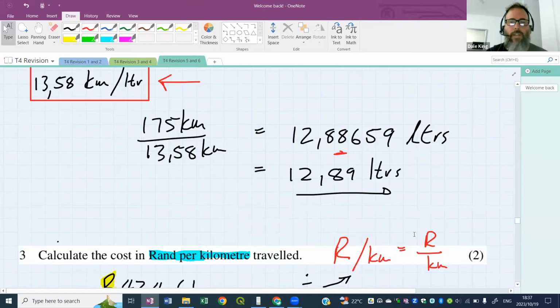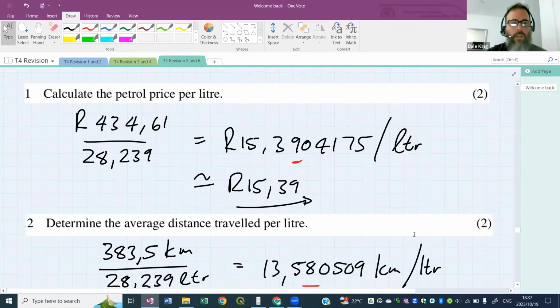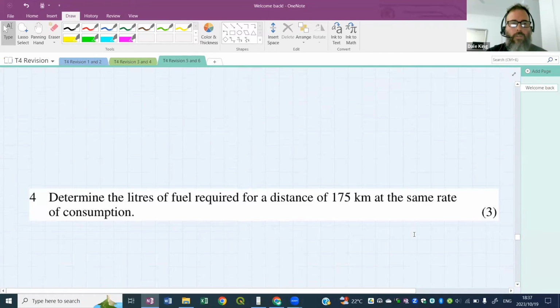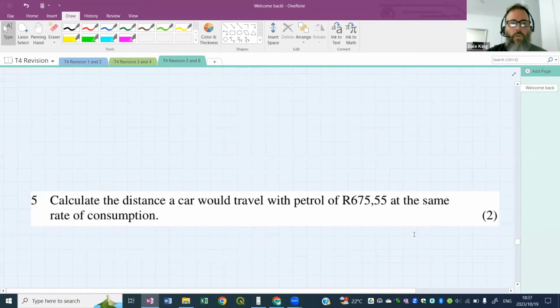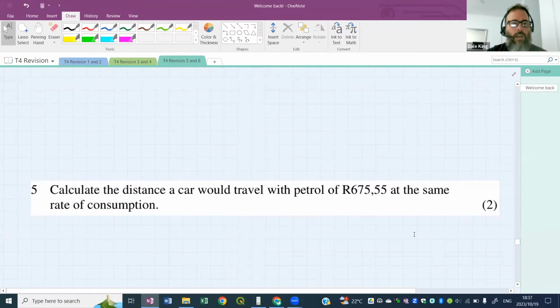Okay, what else have I got for you? We've answered 3, we've answered 4. Here's another one. Question 5. Calculate the distance a car would travel with 675 rand and 55 cents worth of petrol at the same rate of consumption.